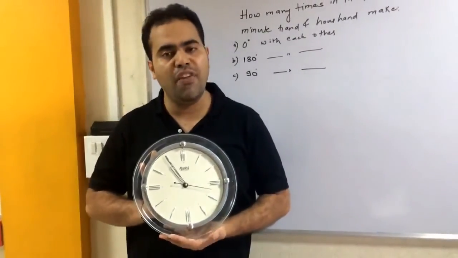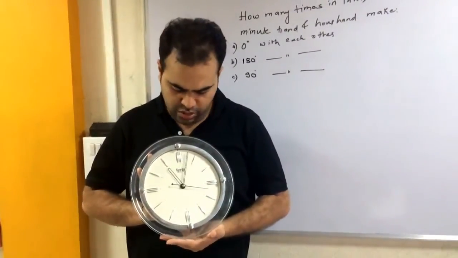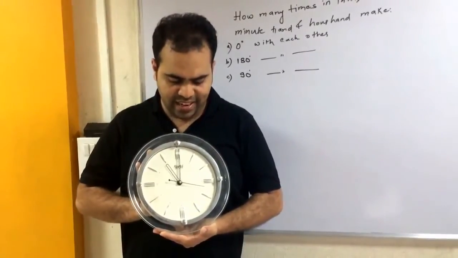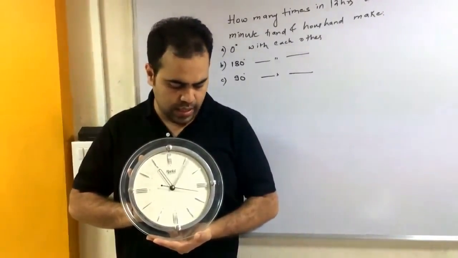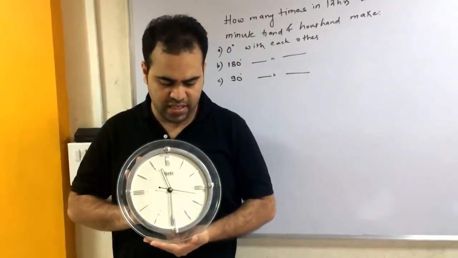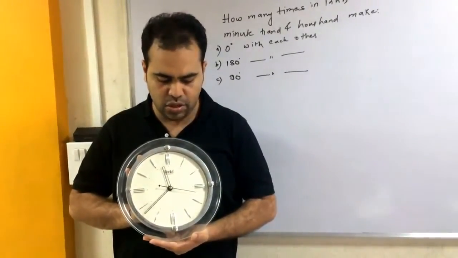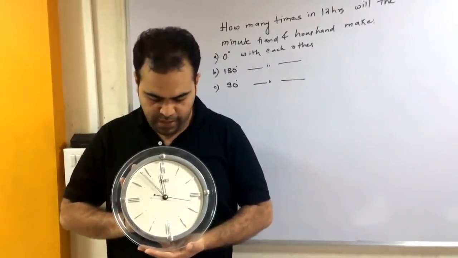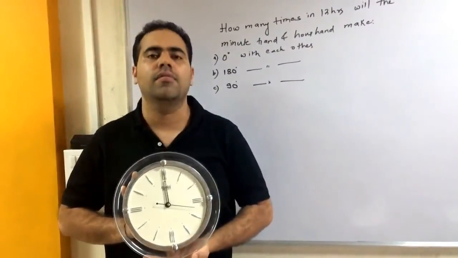Right? Now let's see what will happen after 11 o'clock. So let's say the time is 11 and let's see whether the angle will be 0 degrees between 11 and 12 or not. We can see that the angle is not going to be 0 degree between 11 and 12. It will be 0 degree directly at 12 o'clock.